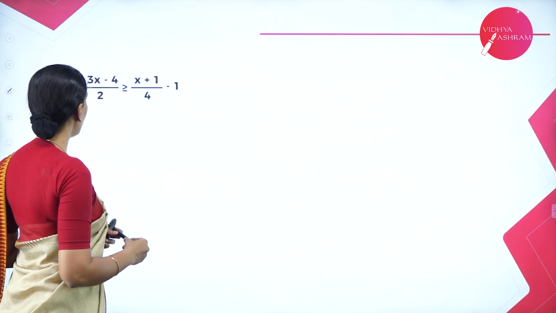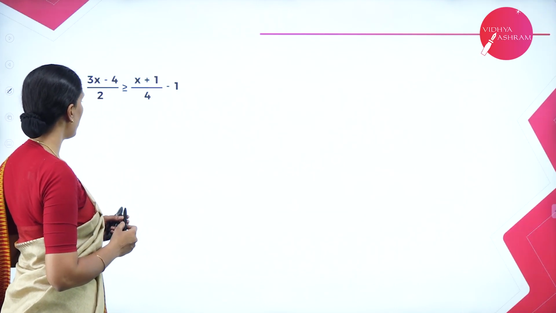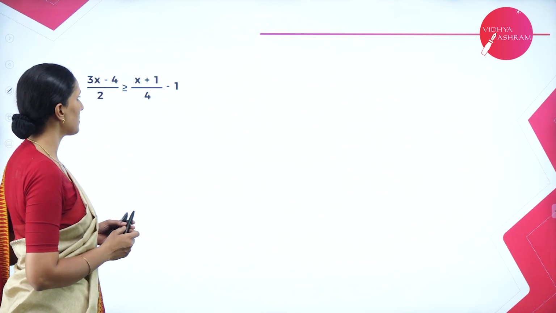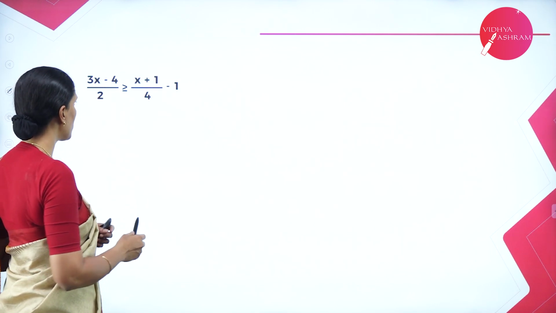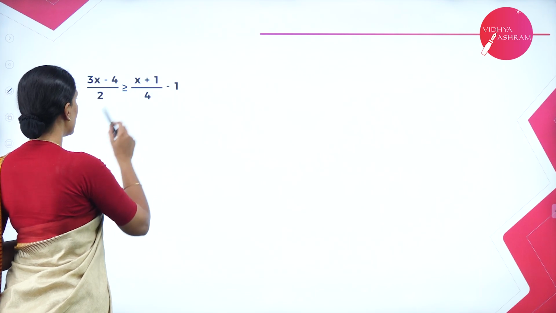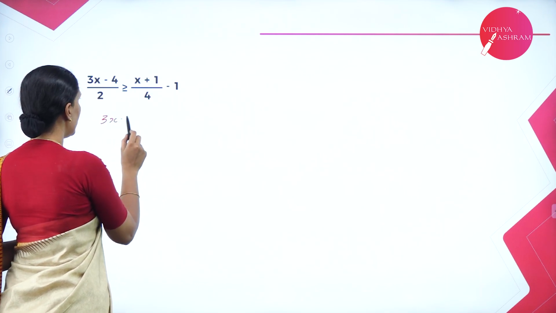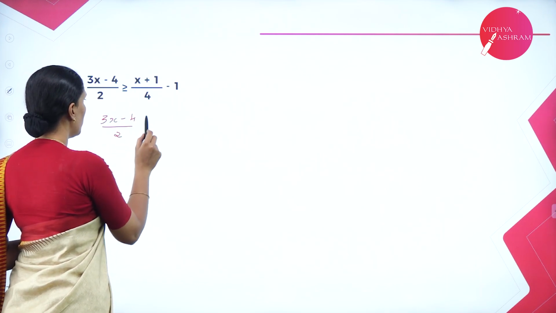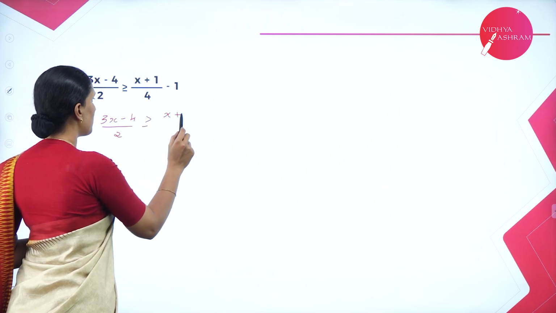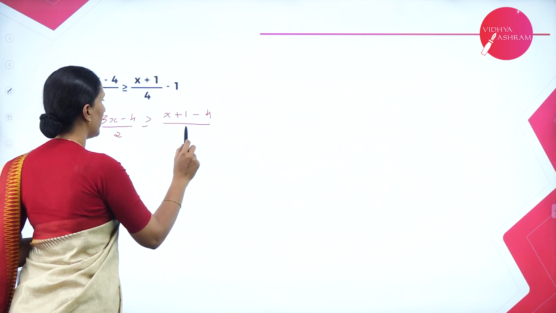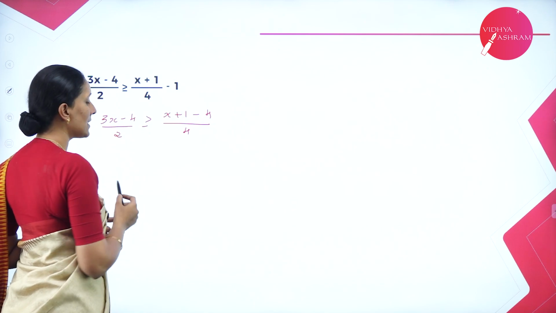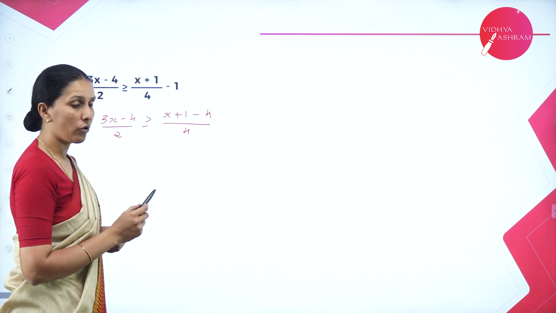Next one, (3x minus 4) divided by 2 greater than or equal to (x plus 1) by 4 minus 1. So first let us solve this on the right hand side. (3x minus 4) by 2 greater than or equal to (x plus 1 minus 4) divided by 4. So let's take LCM on both sides, that is 2 and 4 is 4.